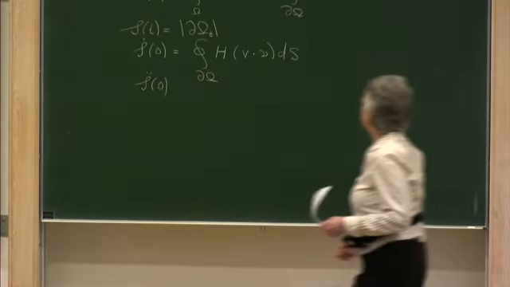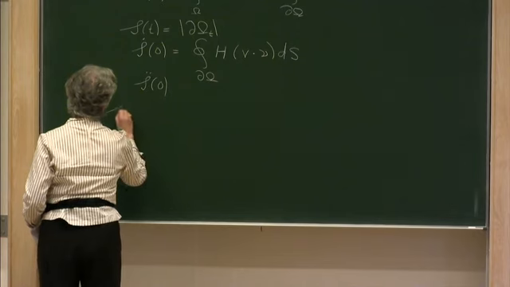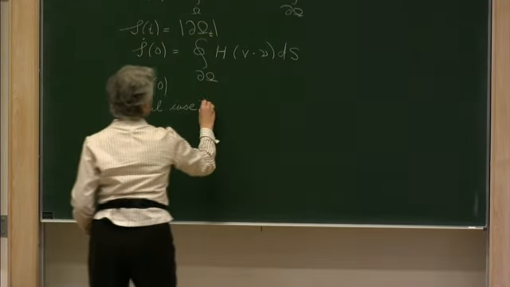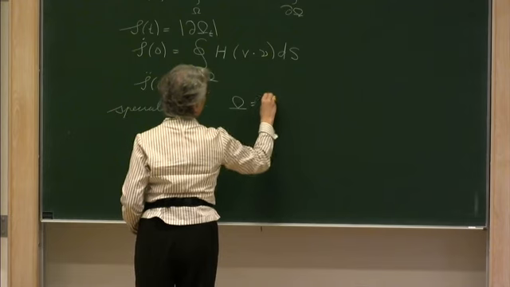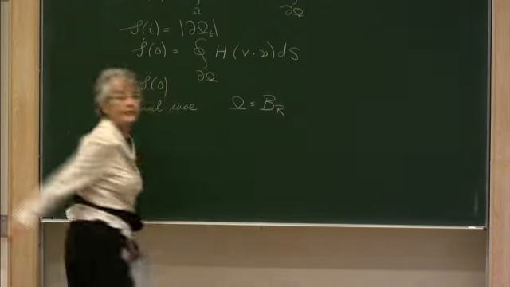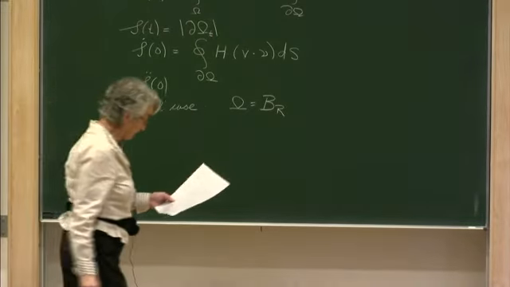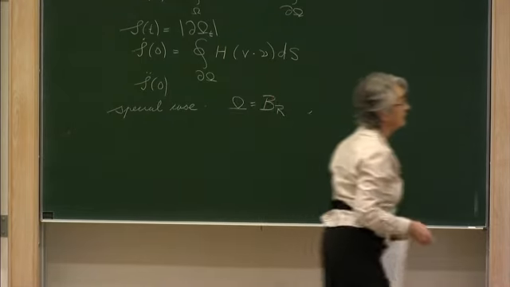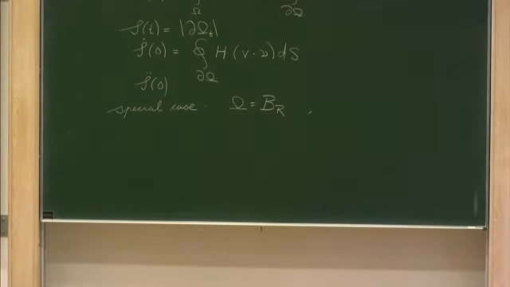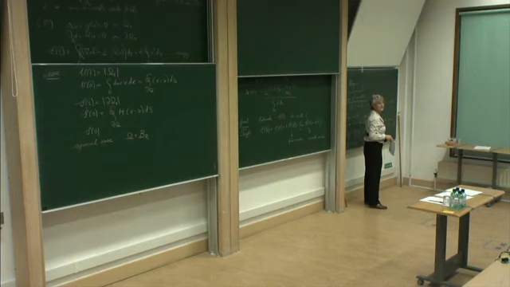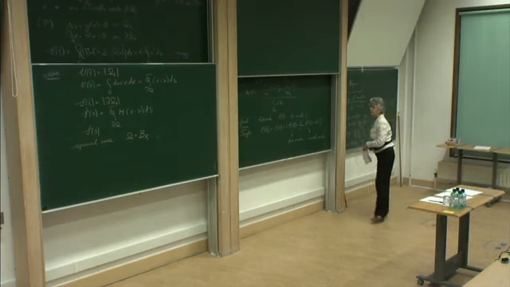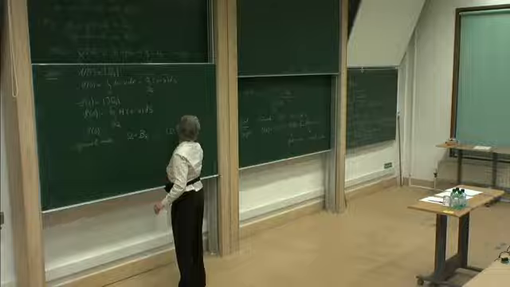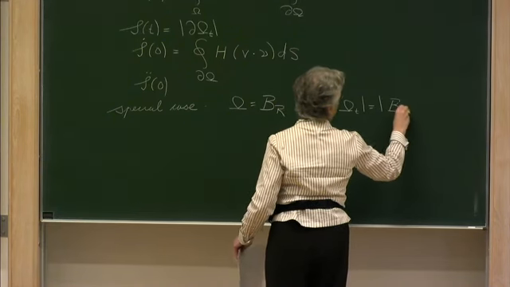But there is an interesting special case, namely when we take for omega the ball of radius R, and we take a vector field v which is volume preserving. This means that the volume of omega t is the same as the volume of B_R.